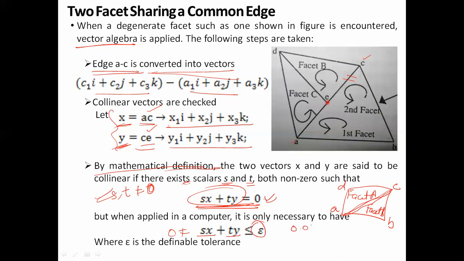Generally this value is given as 0.025, and the unit is by default mm. This value of epsilon is a user defined value, and these values are inputted during the algorithm itself.